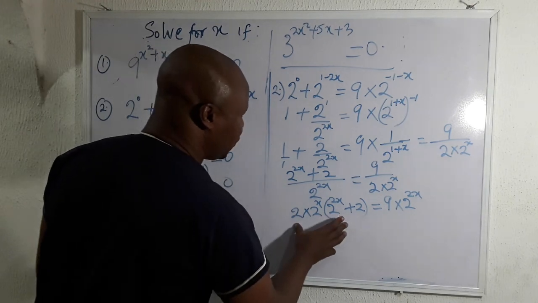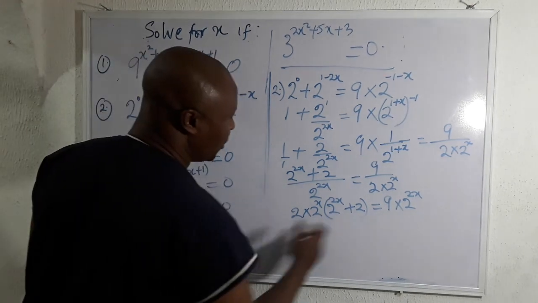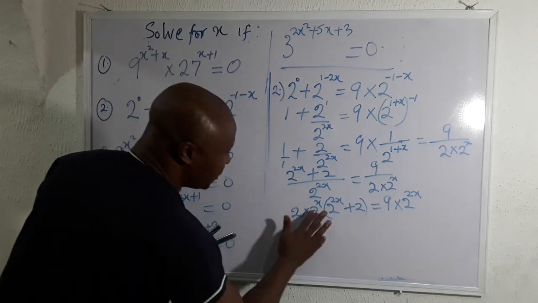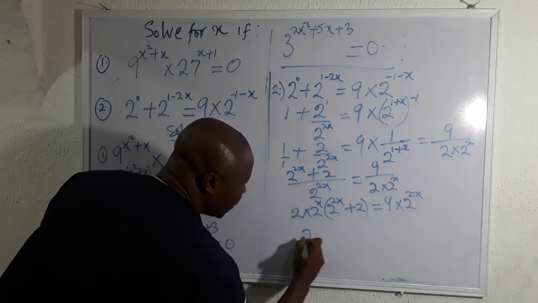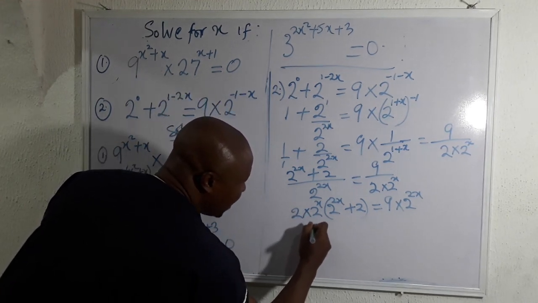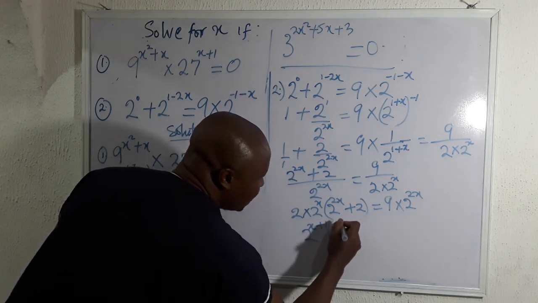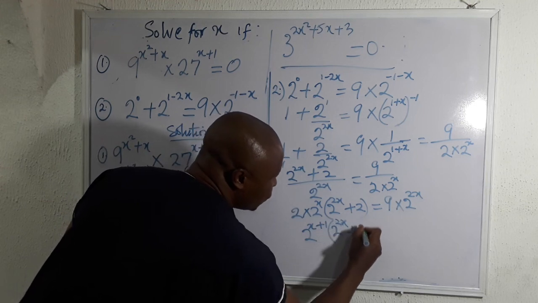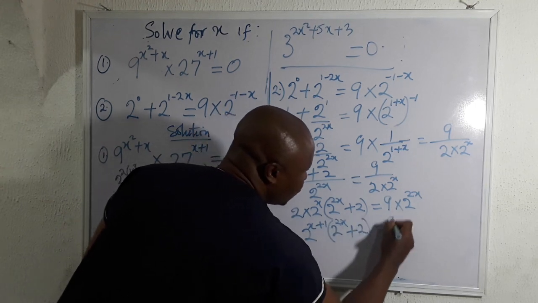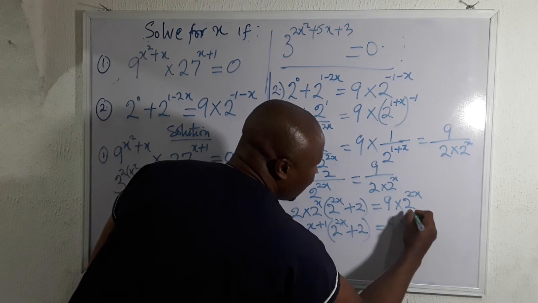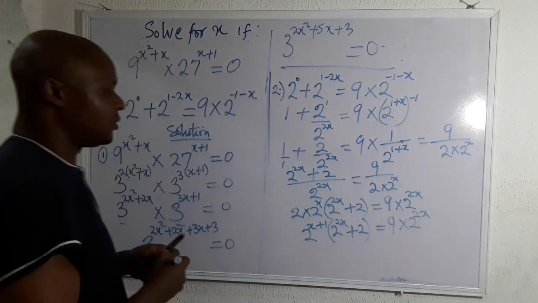So now, what do we do next? We can decide to open up the bracket. This expression is the same as x plus 1 into 2x plus 2 equal to 9 times 2 raised to the power 2x.